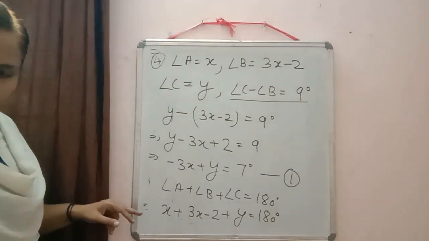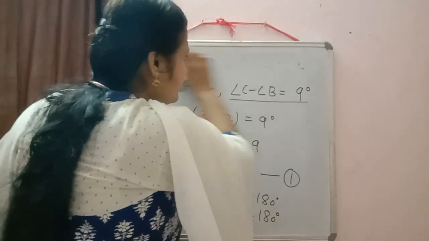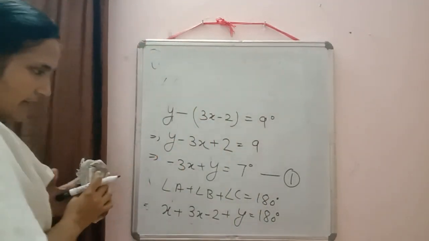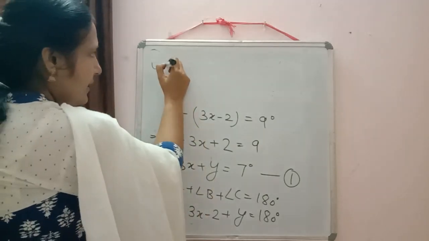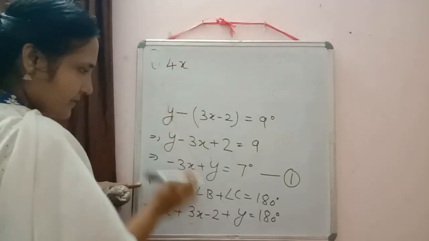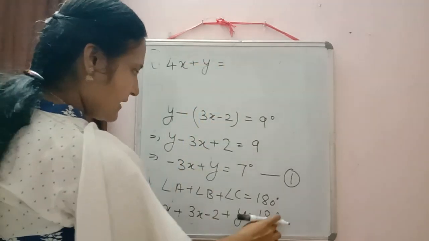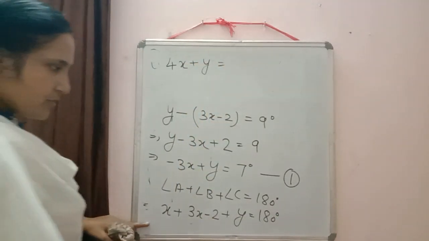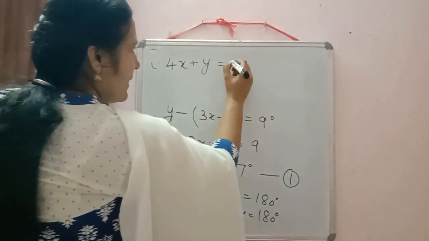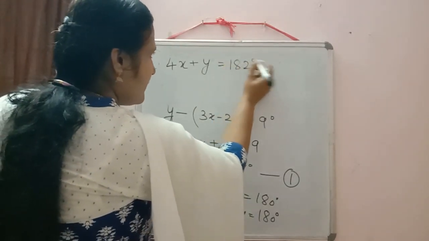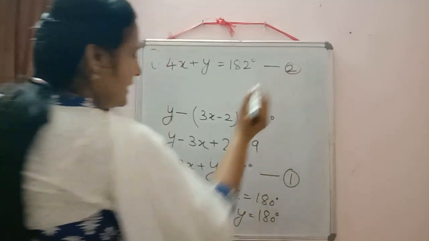So when we will solve this one, we will get x plus 3x, 4x plus y is equal to minus 2, we can shift to right hand side. So it will be equal to 180 plus 2, so that will be equal to 182 degree. This is the second equation.